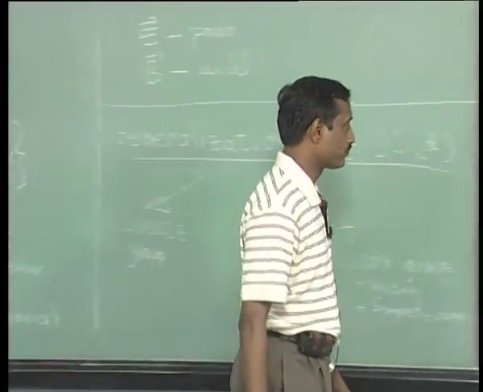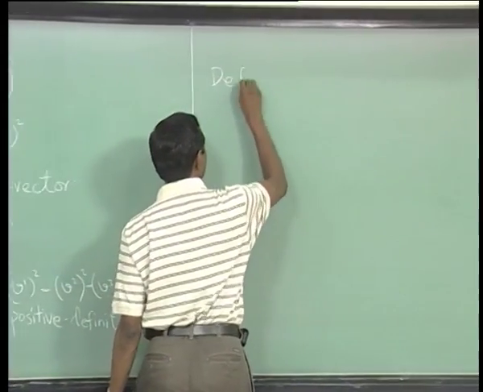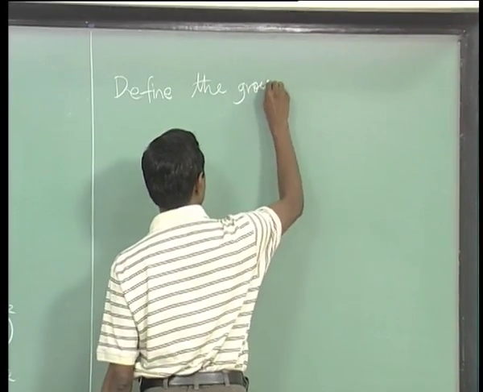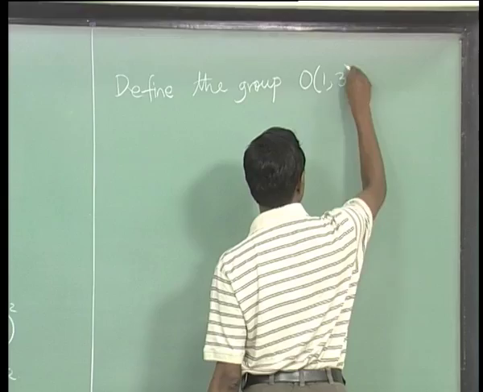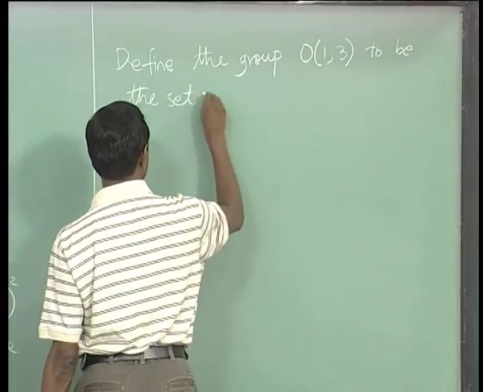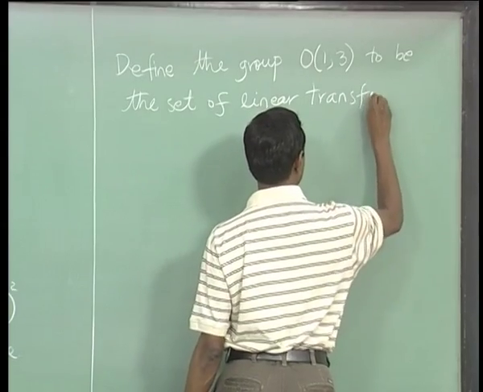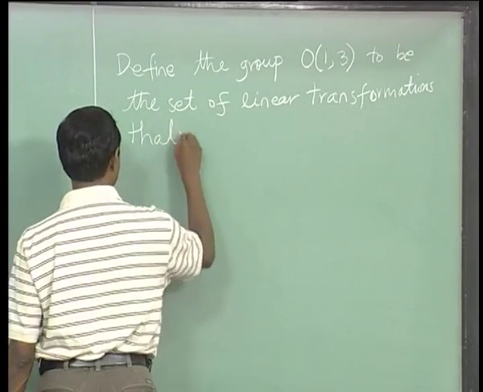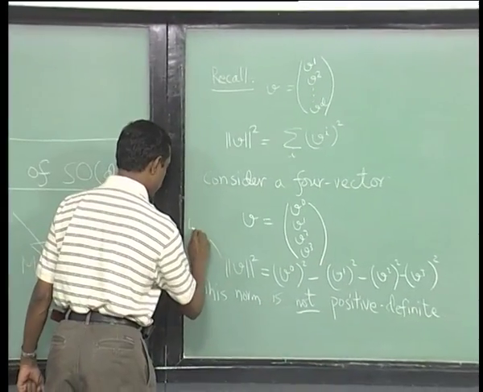But from the viewpoint of defining, we will define the group O(1,3) to be the set of linear transformations that preserve this norm. Let us give this norm a name, let us call it a Lorentzian norm.